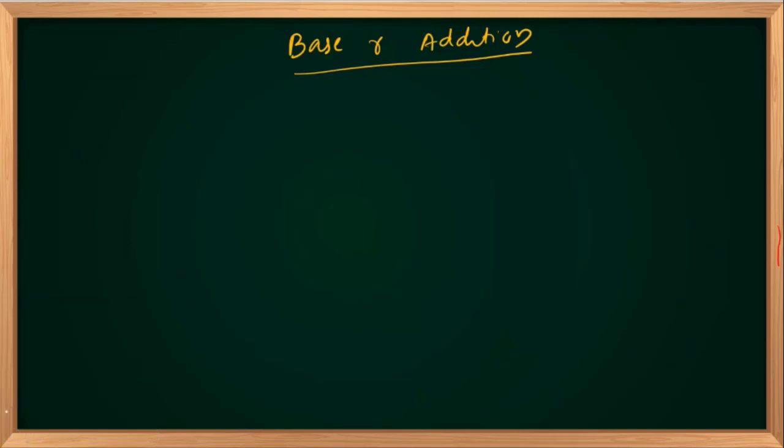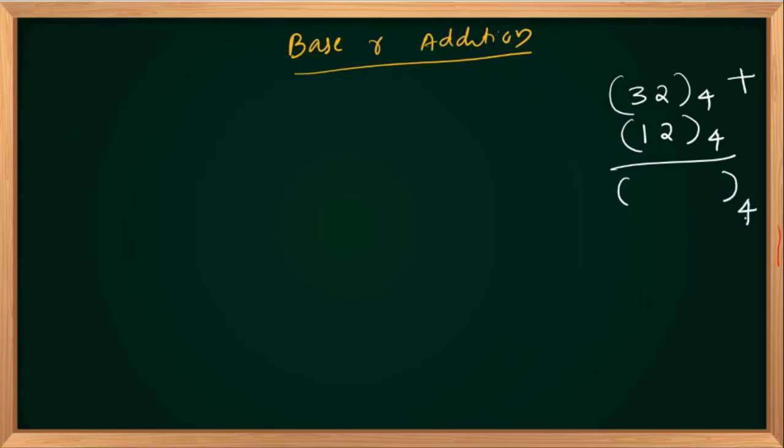Right. Suppose you are asked to add two numbers in, let us say 3, 2 base 4, and 1, 2 in base 4. You are asked to add these two numbers and you are expecting your result in base 4.